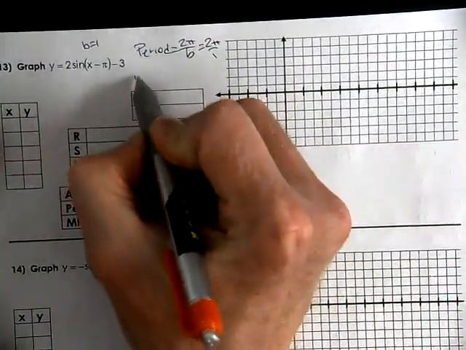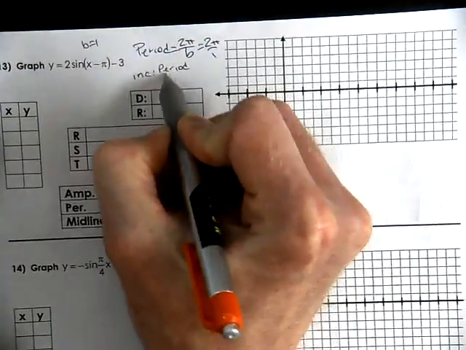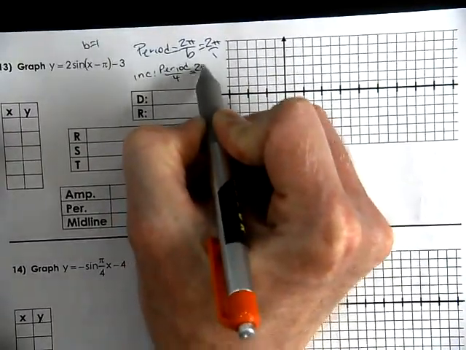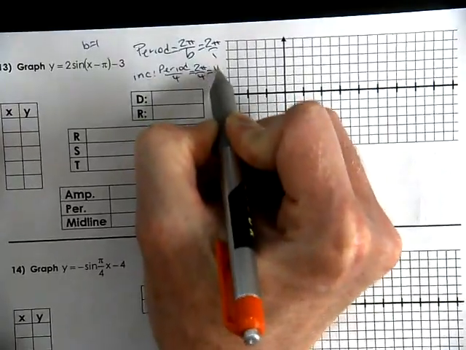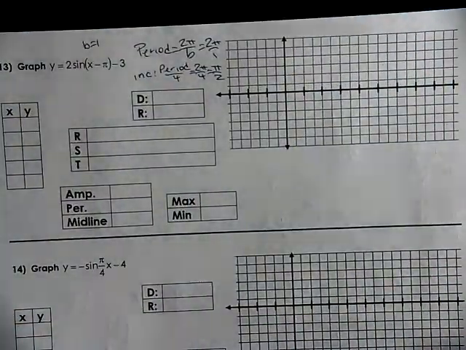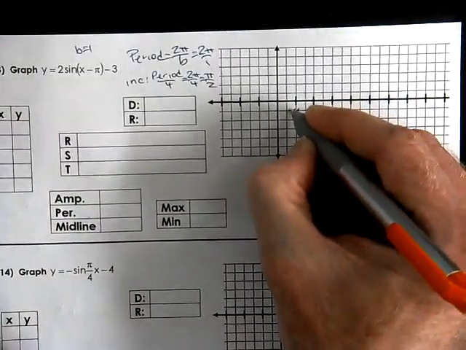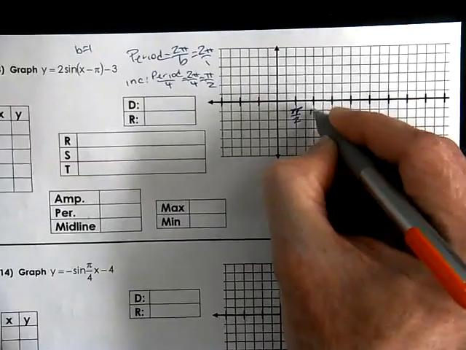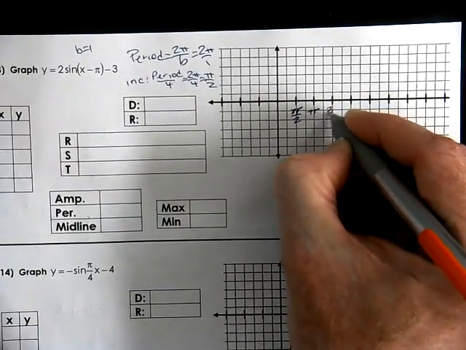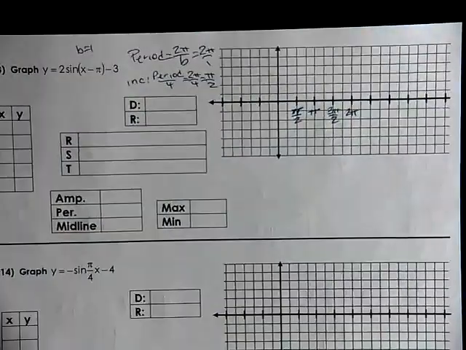And the increment is the period divided by 4, so it's 2 pi divided by 4, so that's called pi over 2. It's just the normal coordinates that we would use. So this is pi over 2, pi, 3 pi over 2, and 2 pi.